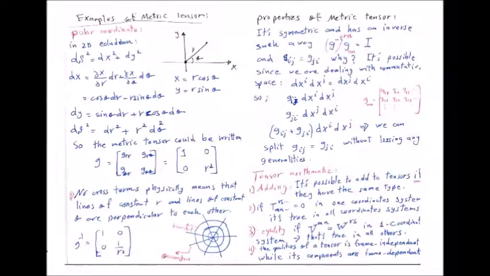When I add two tensors of different types, it is as if I am adding a car with an apple. A car plus an apple is not possible. They must be the same type to be able to add them.